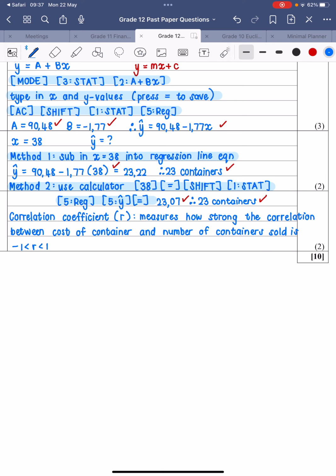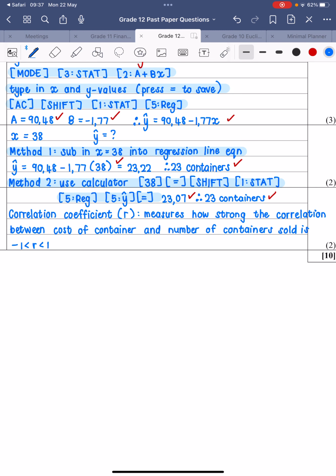So again, we've already put our x and y values into the calculator, right? So we're still in stat mode. You're going to press shift, 1 for stat, again 5 for reg.